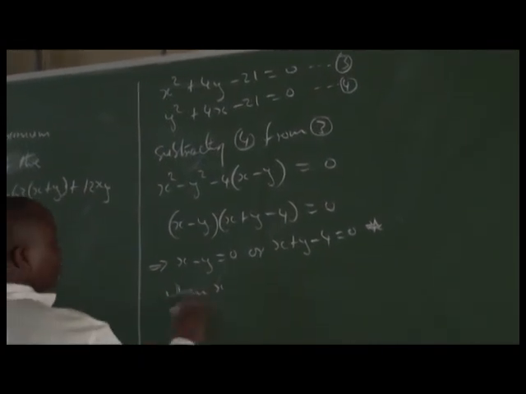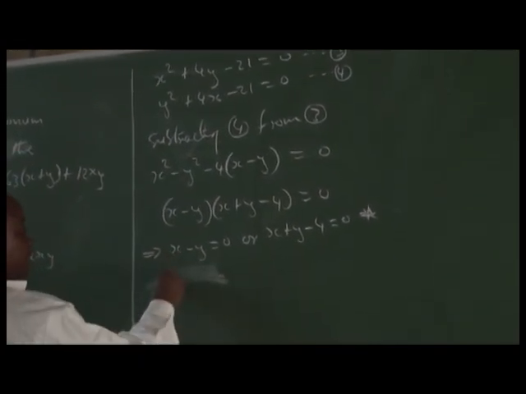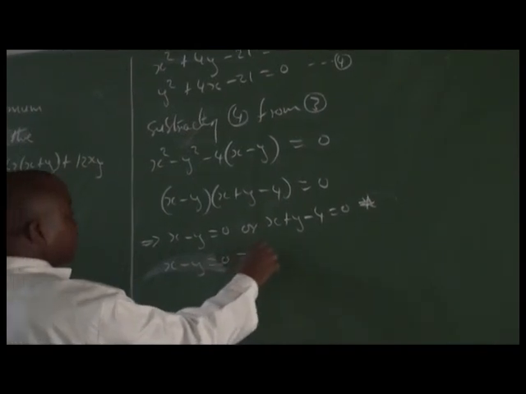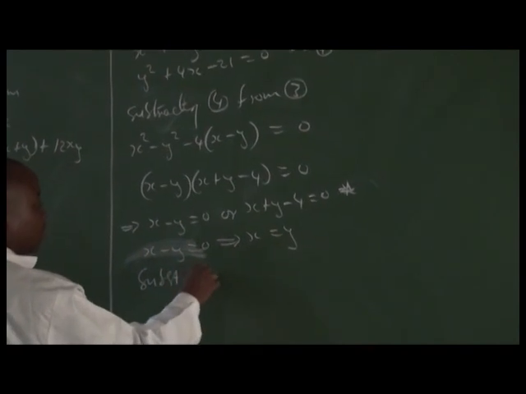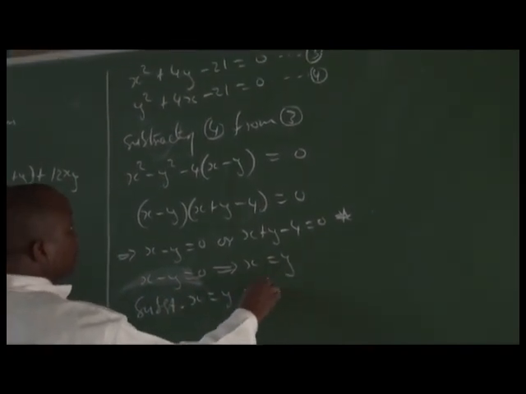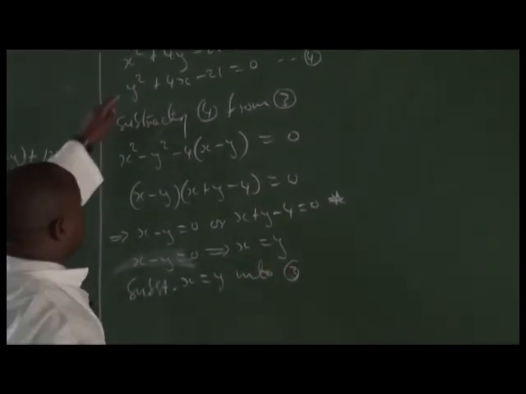Now from here, x minus y equals 0 implies that x equals y. So I can substitute x equals y into 3.